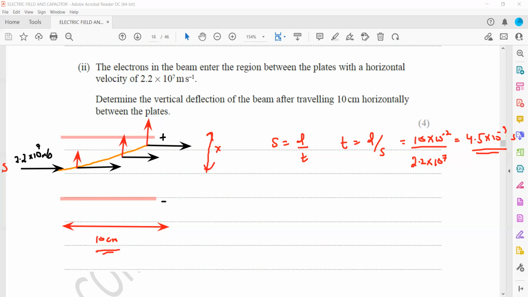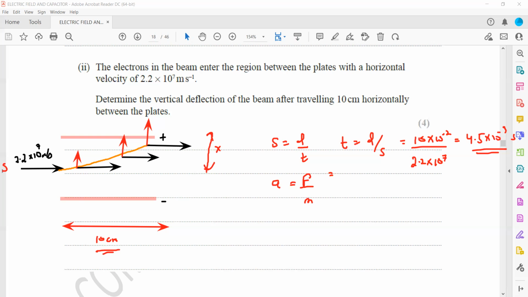Now, we already have the force from the previous part. Using that force, we can determine its acceleration, the change in velocity in this vertical plane. F is equal to ma, or a is equal to F divided by m.